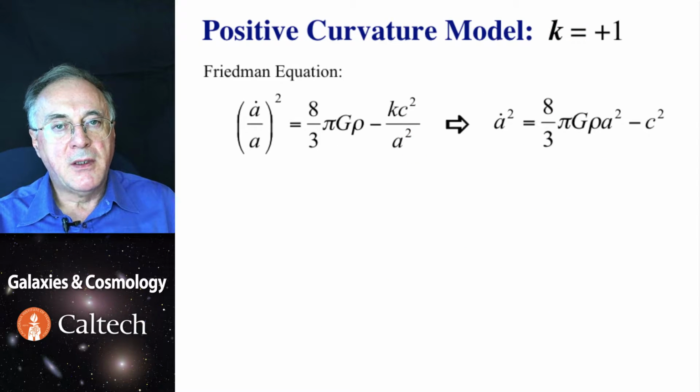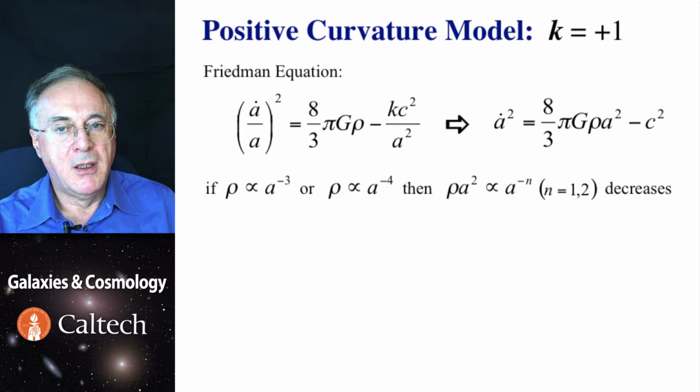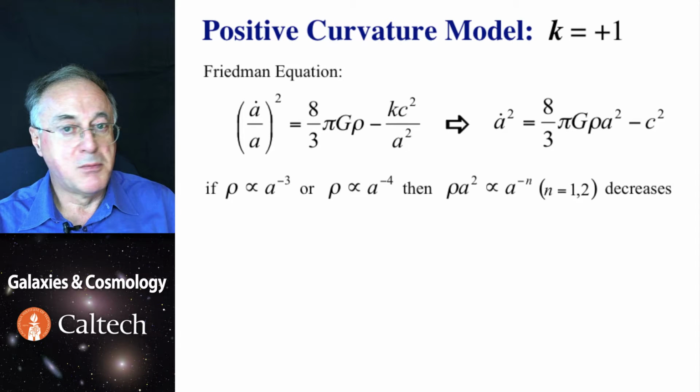Now let's consider a more general case, models in which matter, radiation, cosmological constant, or dark energy can be present. First, let us look at the model with a positive curvature. Here we can write the Friedmann equation again and transform it as shown here. Now, if the density declines as a 3rd power of the scale factor, as it would be appropriate for the matter-filled universe, or as 4th power, as it is appropriate for radiation, then in any case, the product of the density and the square of the scale factor declines as scale factor to the power of either -1 or -2.